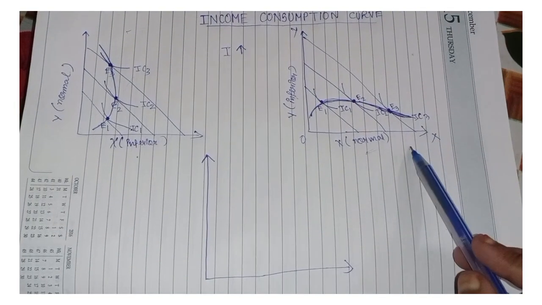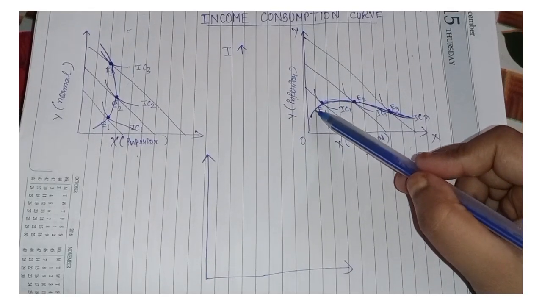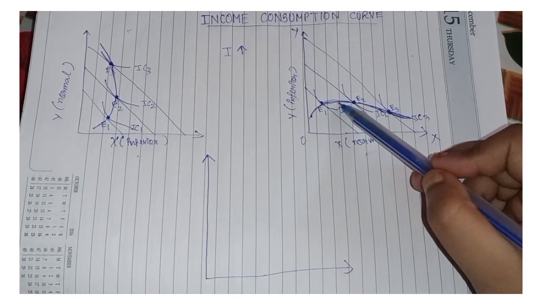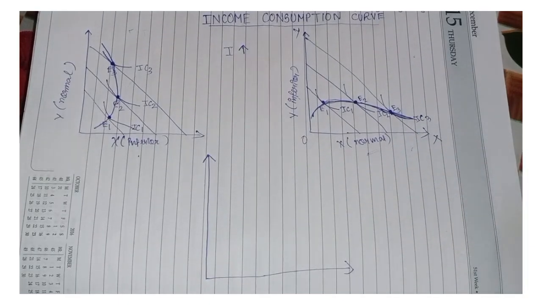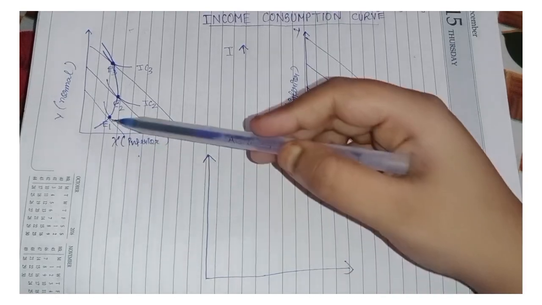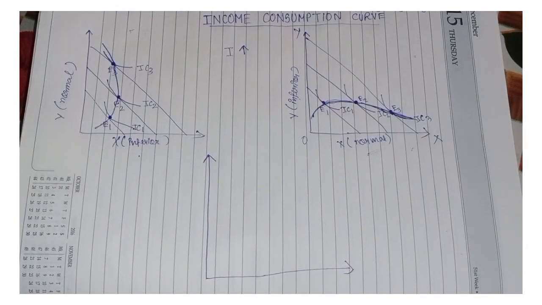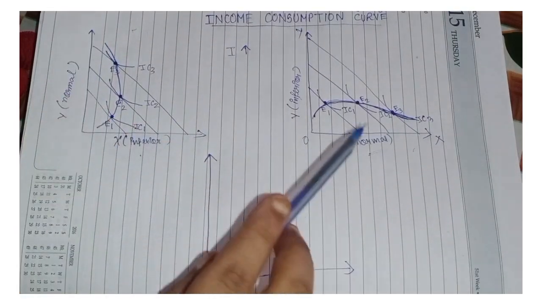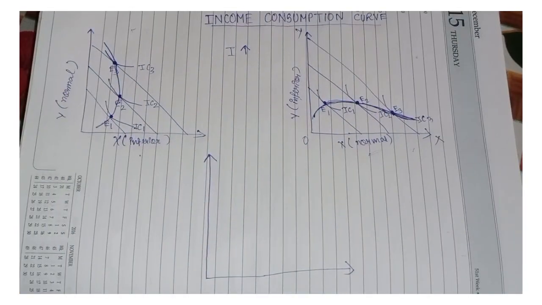Okay, and in this case x is normal good, so the consumer will slowly give more preference to x good because x is normal. Okay, and in the earlier case x was inferior and y was normal, so it was bending towards the y-axis, and in this case it is bending towards the x-axis. I hope it is clear up to this much.